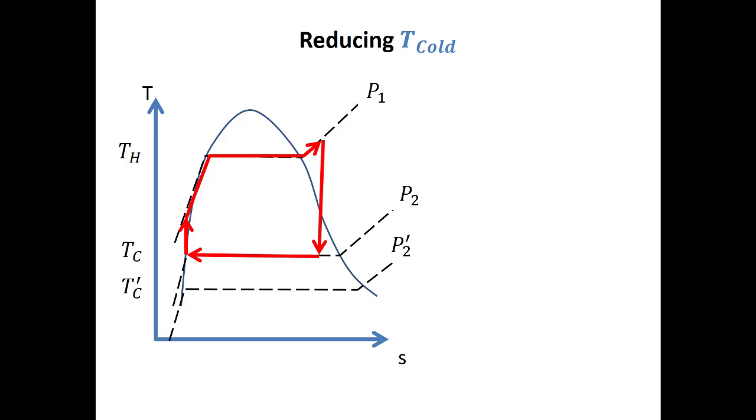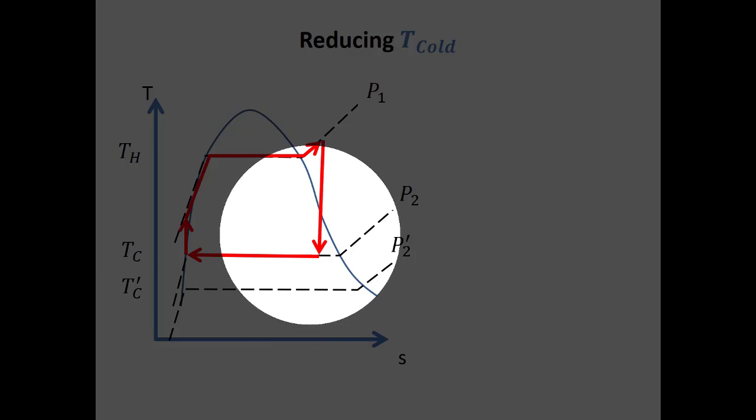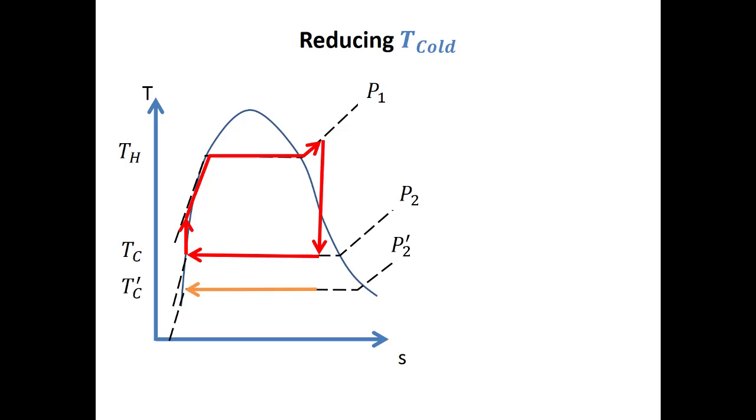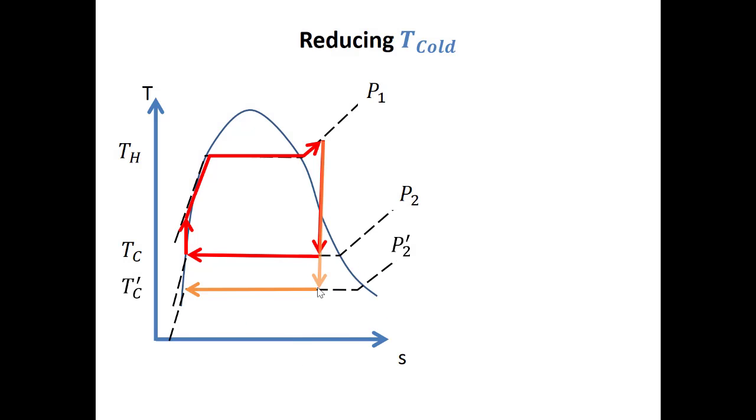Normally in the problems we've talked about, the condensation process happens at atmospheric pressure. But if we go through the turbine to some pressure below atmospheric pressure, then we would be condensing at a lower temperature, so we'd have a colder T cold.